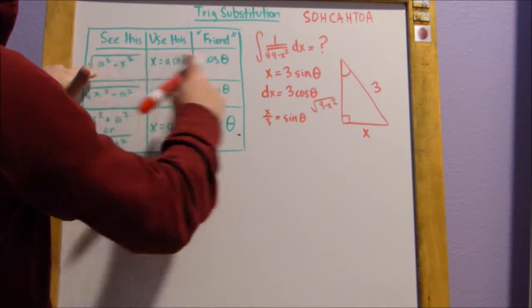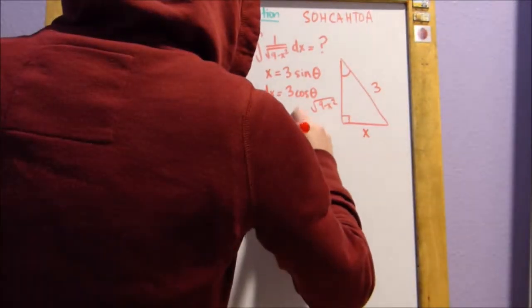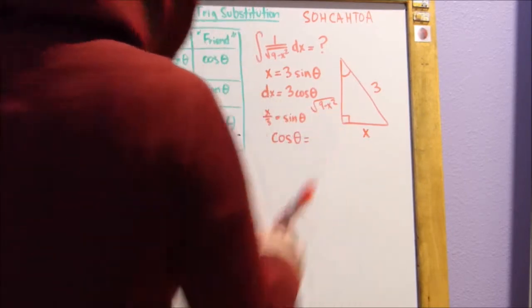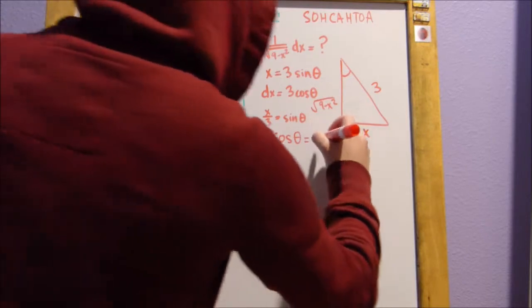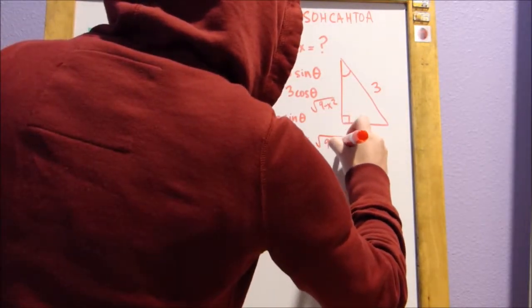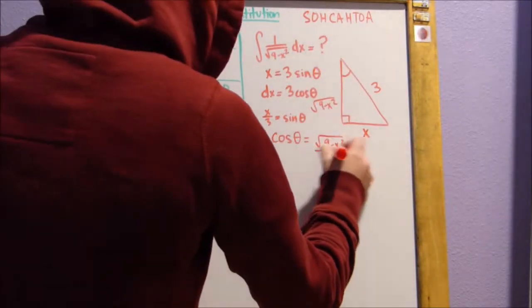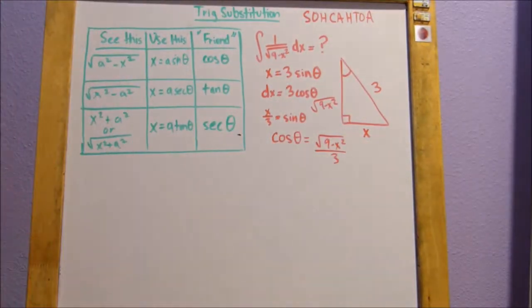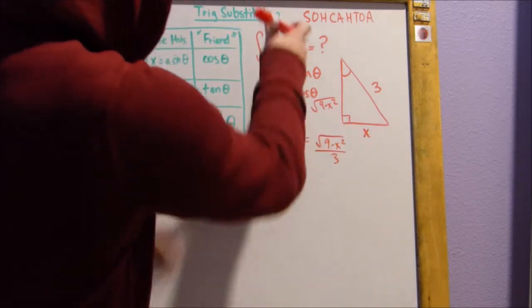Okay. Now this is where we use our friend. Since we use this row here, our friend is going to be cosine. So we're going to find cosine of theta. Cosine of theta is adjacent over hypotenuse. Adjacent is the square root of 9 minus x squared, divided by the hypotenuse. So you'll notice you're starting to see where you can plug things in.